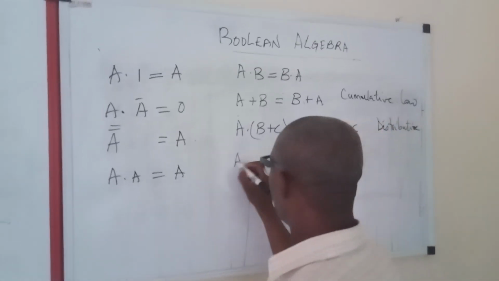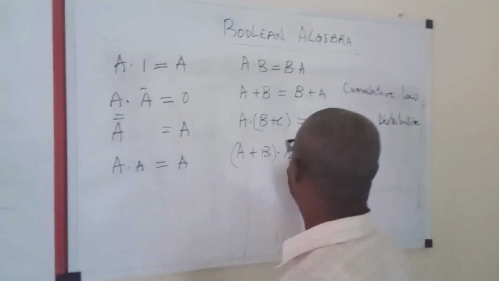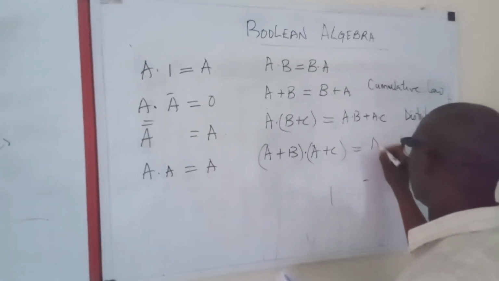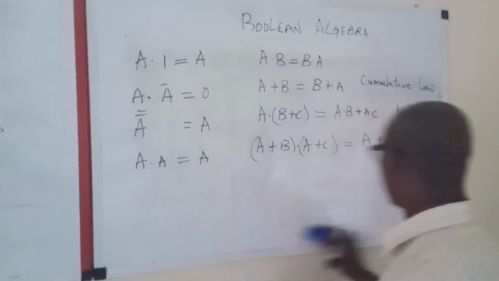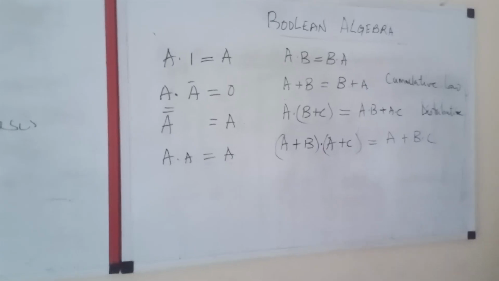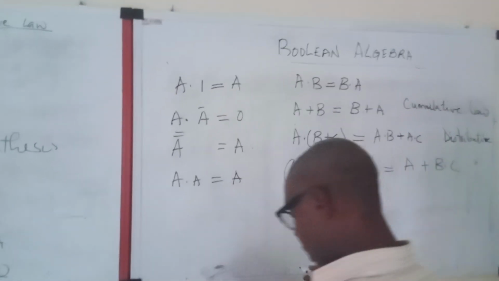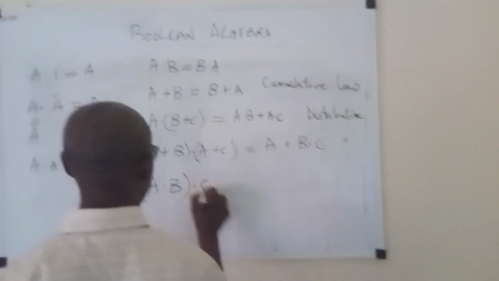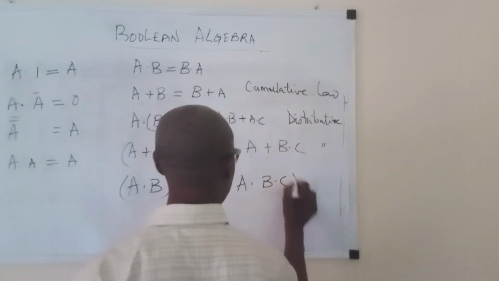We also said A plus B dot C, we saw that as equal to (A plus B) dot (A plus C). That is the distributive law as well. Then we went on to look at the associative law, where we say (A dot B) dot C is the same thing as A dot (B dot C).